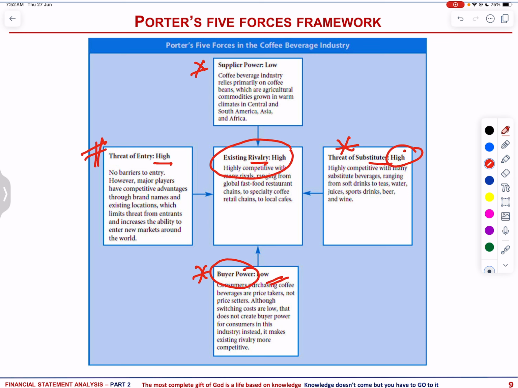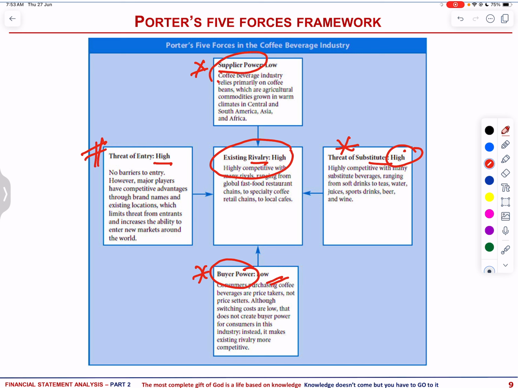Individual coffee consumers exhibit low price sensitivity due to the relatively small dollar amount of their purchases. Large retail chains like Walmart, which makes significant national level purchases of coffee for resale, can exert substantial buyer power due to their scale and purchasing volume.